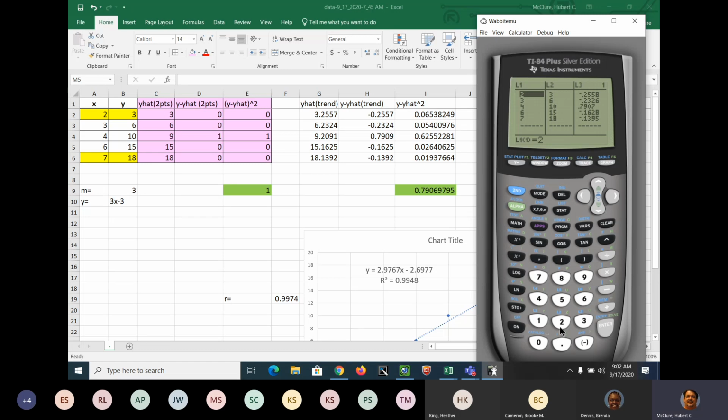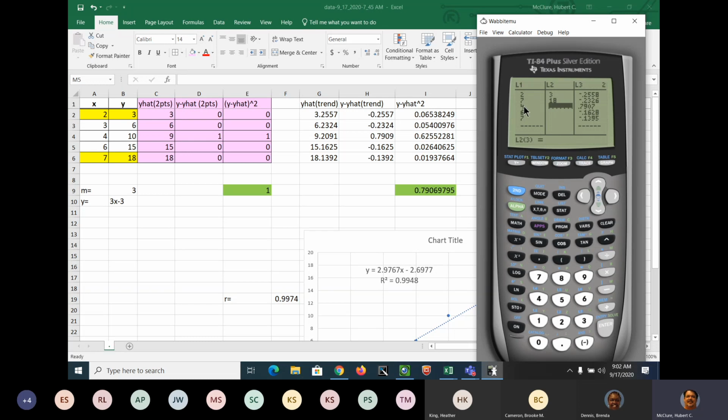So I'm going to put in 2, 3. You've already got 2 and 3 in there. Now I'm going to put in 7 and 18. And I'm going to delete the rest.